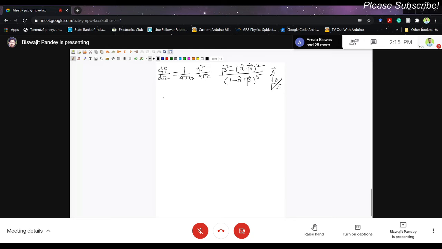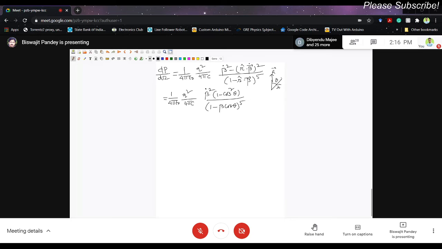So dP/dΩ will be 1 by 4 pi epsilon 0, q square by 4 pi c, and then if I take beta dot square common after taking the dot product, that will give us beta dot square into (1 minus cos square theta) divided by (1 minus beta cos theta) whole to the power 5, right?